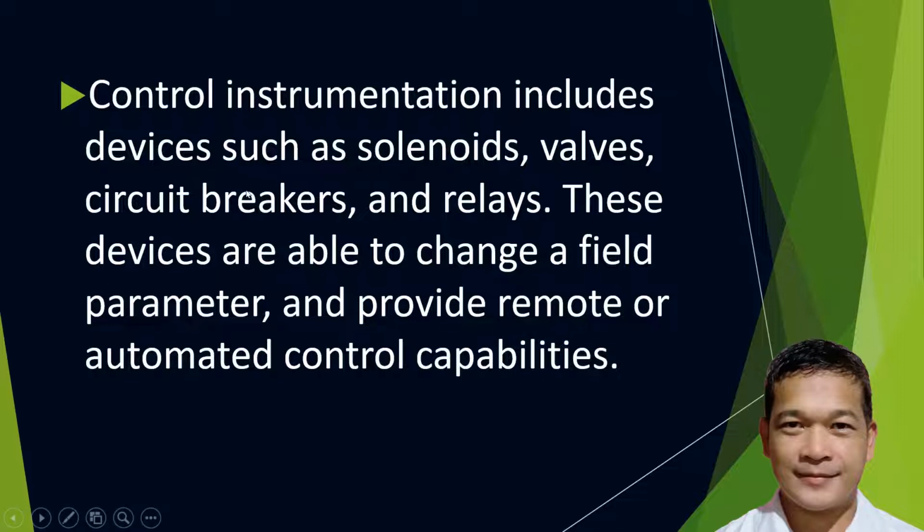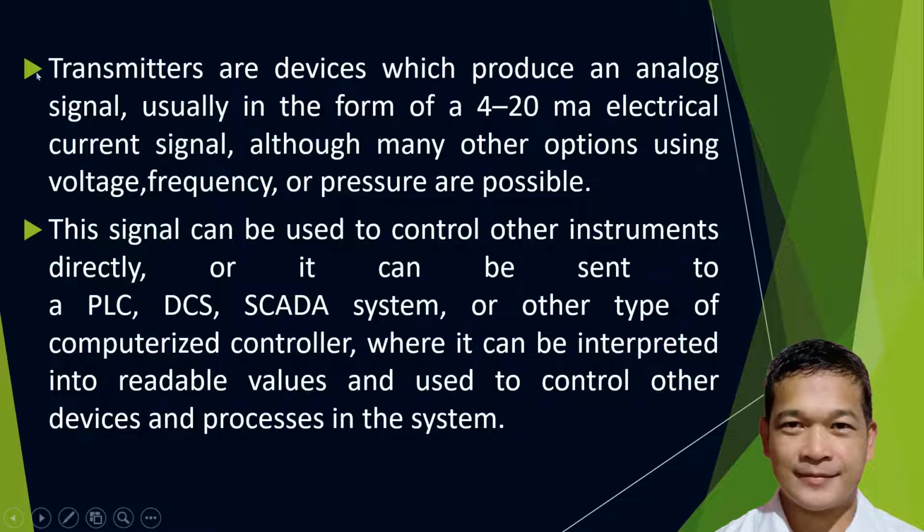The devices are able to change the field parameter and provide remote or automated control capabilities. Transmitters are devices which produce an analog signal, usually the sensors. Usually it is in the form of a 4 to 20 milliampere electrical current signal, although many other options using voltage, frequencies, or pressure are possible.